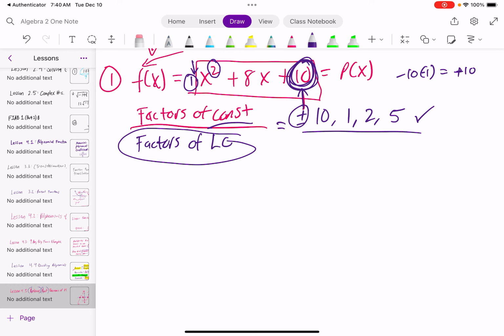The leading coefficient is 1, because that's the coefficient of the term with the highest degree. So now you have plus or minus 1 on the bottom. 1 times 1 is 1, and that's all we have. Therefore, the possible zeros for number 1 are plus or minus 10, plus or minus 1, plus or minus 2, and plus or minus 5.